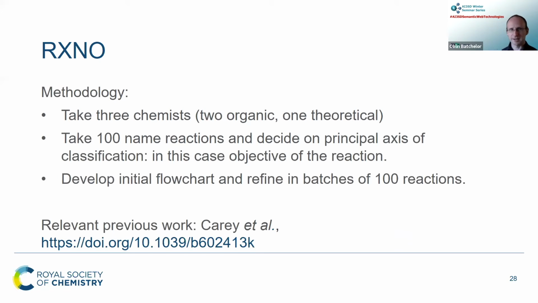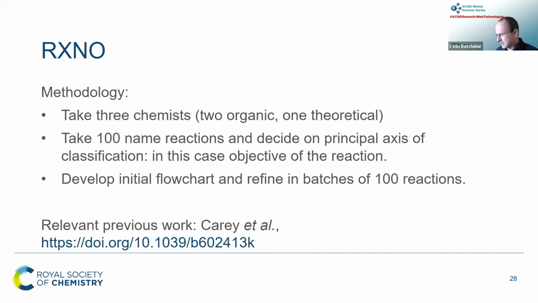So I took two of my technical editor colleagues. We took a big pile of name reactions from one of the books. It might have been March, and we looked at various ways of organizing them. So a good ontological practice is that you have a principal axis of classification.